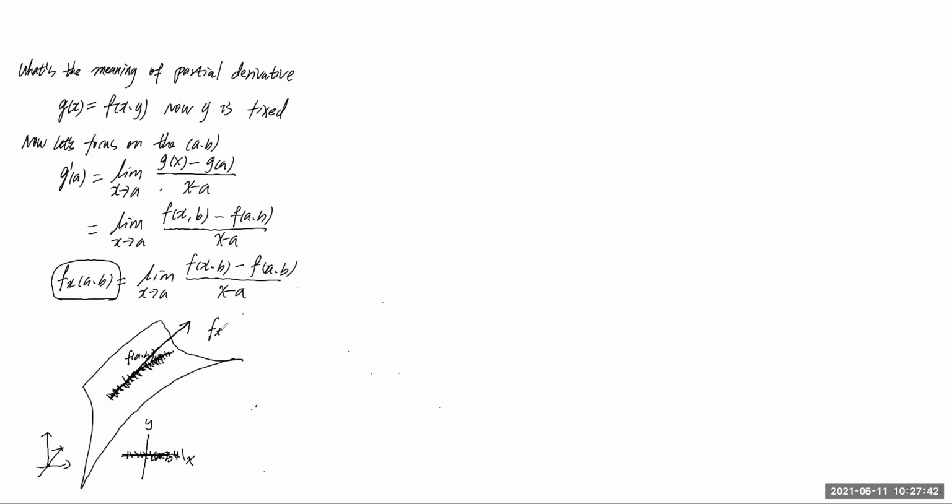So Fx(A, B) is the slope of the line to the curve here. Actually, there is a name for this. This is called the X curve. Just a name, because that's an image of the x-axis, right?